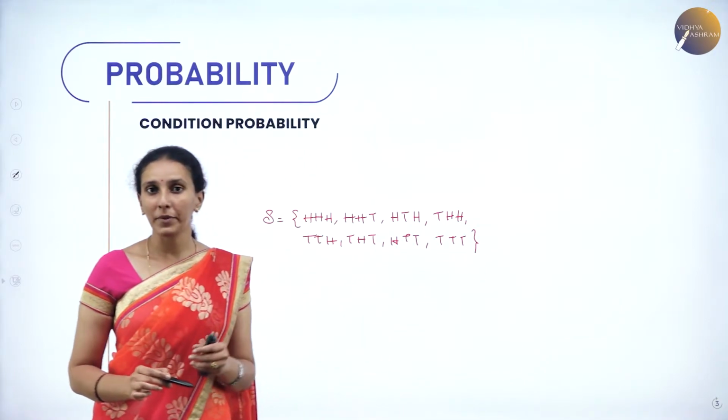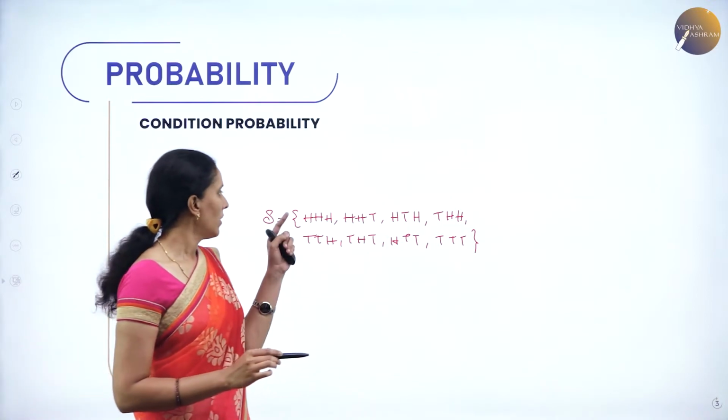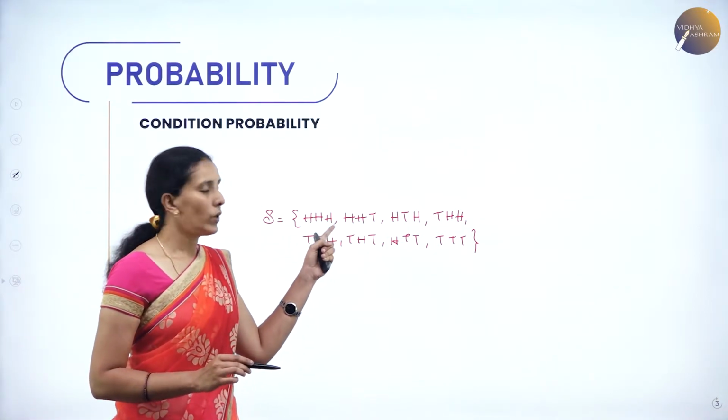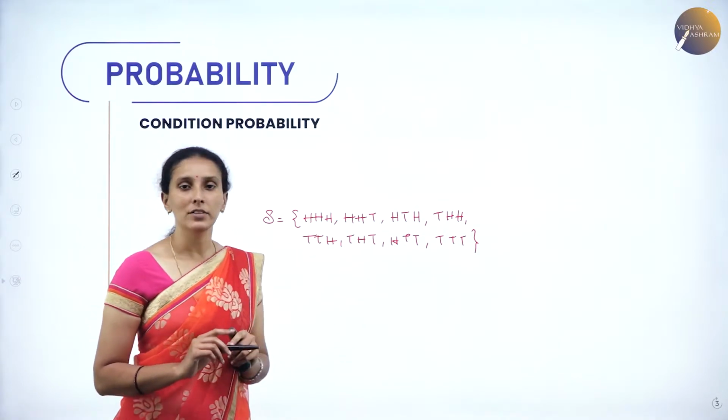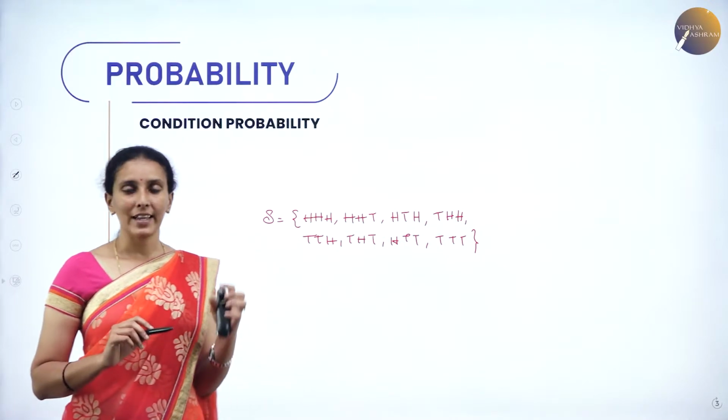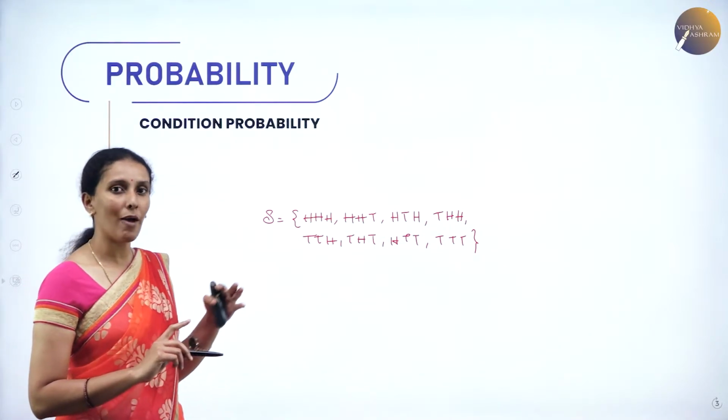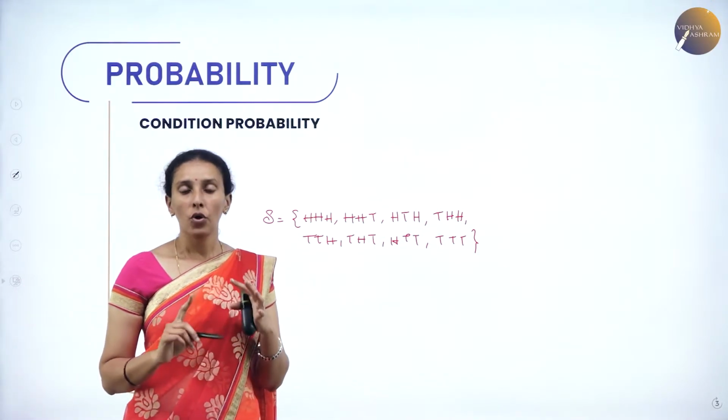So these are the sample space we will get. That is, we can have 3 heads, 2 heads combination, 2 tails combination, or all 3 coins tails.